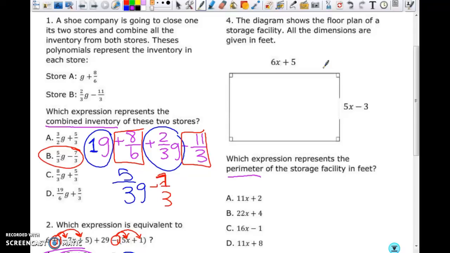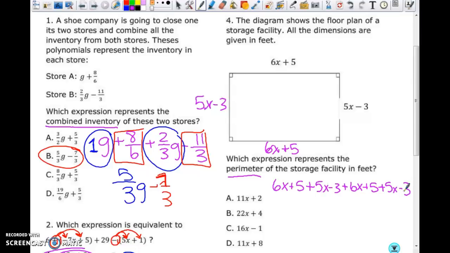Why did they do that? Well, that's because this length down here is also 6x plus 5. This width over here is also 5x minus 3. So I'm adding all of it together. I'm adding this side, 6x plus 5, plus this side, 5x minus 3, plus this side again, 6x plus 5, plus 5x minus 3.